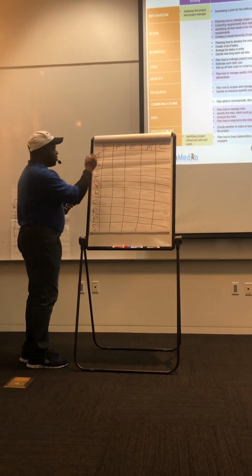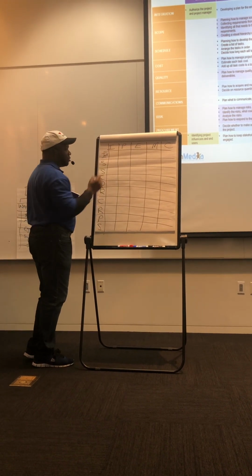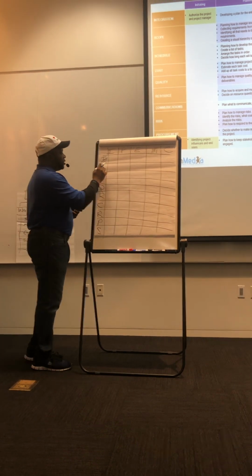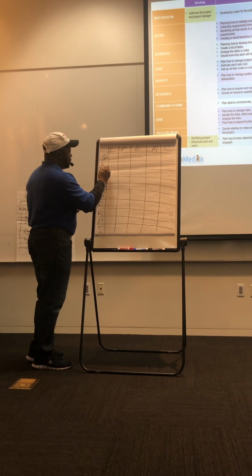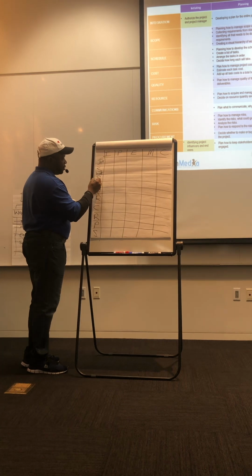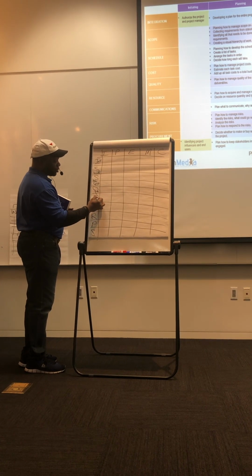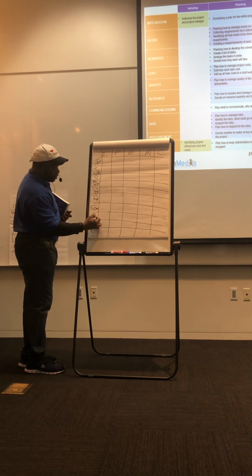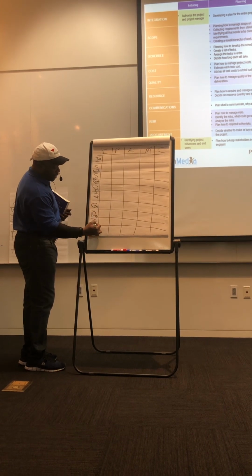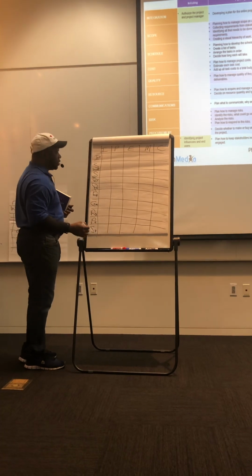So this is integration right here, okay? This is scope, this is schedule, this is cost, this is quality, resources, communications, risk, procurement, and stakeholder.